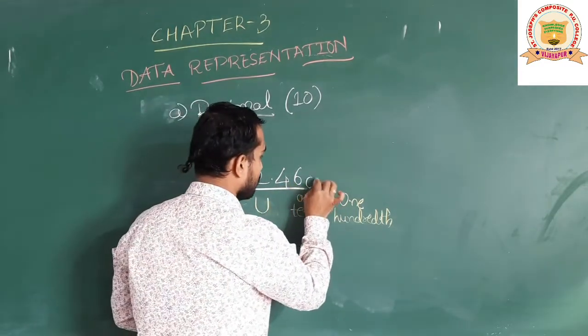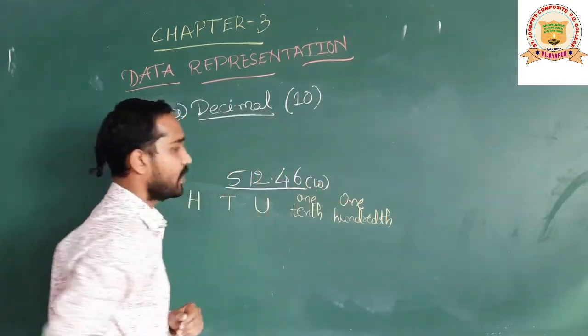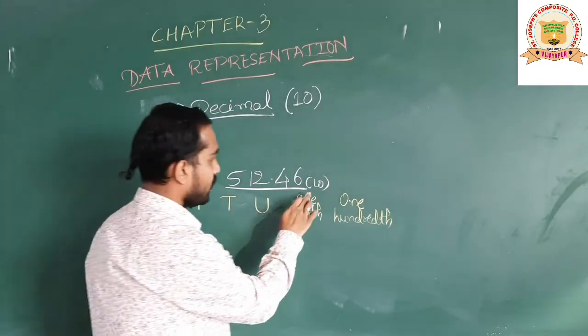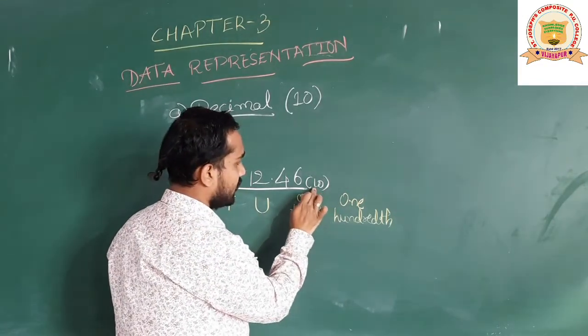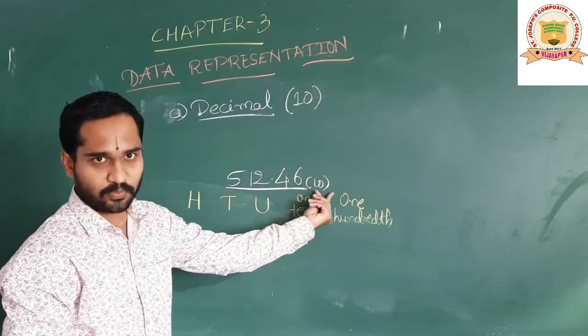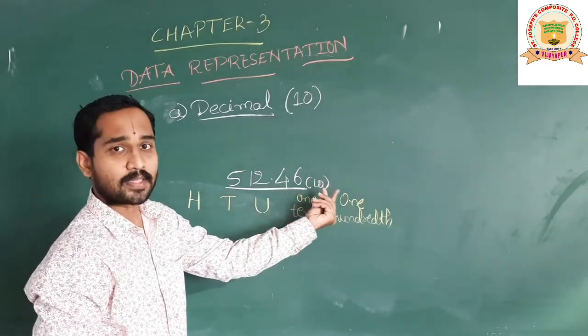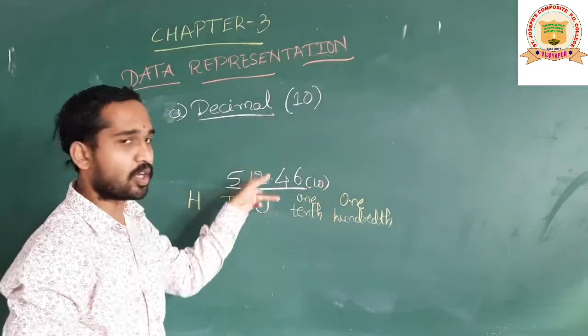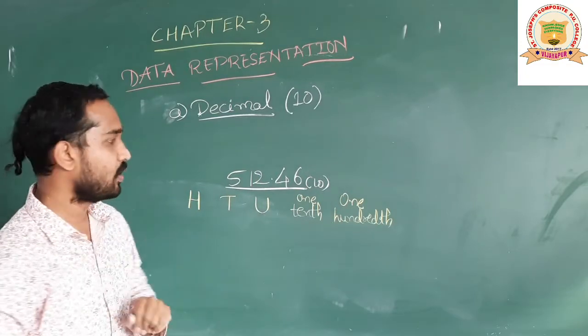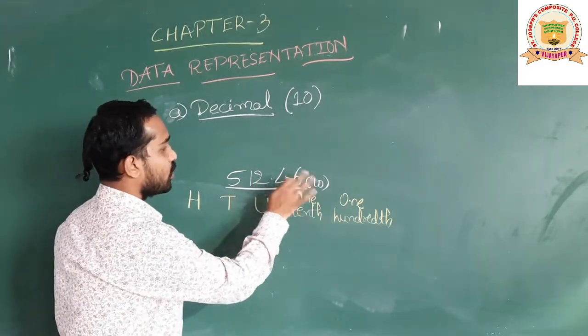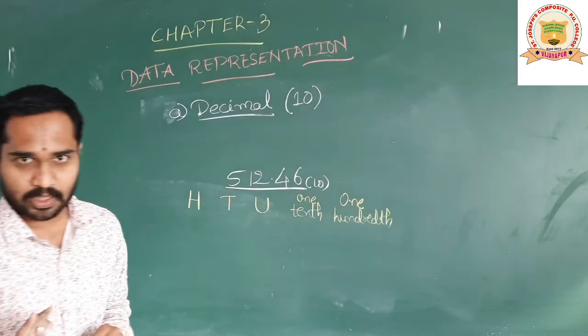It is the decimal number system. When I write it, I write the 10 as the subscript for this number. Okay, this means that it is the base of this number. Understanding? So 512.46 is the decimal number now.